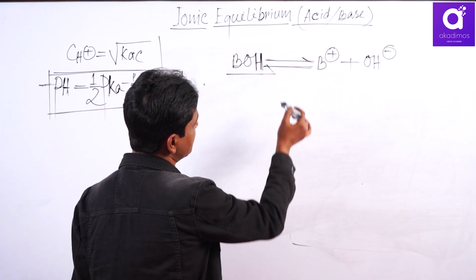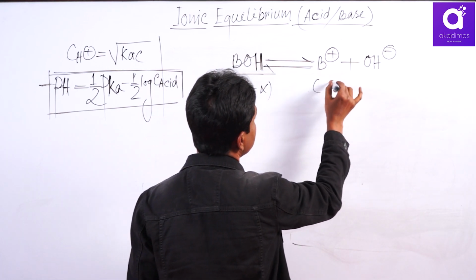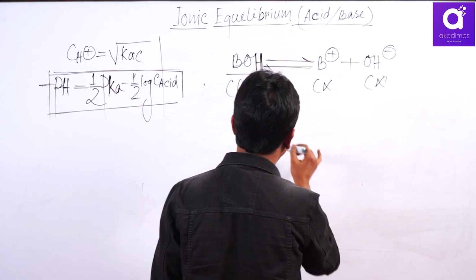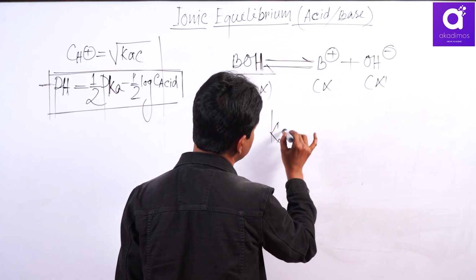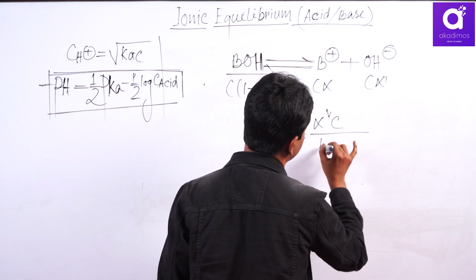Now for BOH, similarly, here you get C(1 minus alpha) and C alpha, and the dissociation equilibrium constant is Kb equal to alpha square C by 1 minus alpha, the same thing.